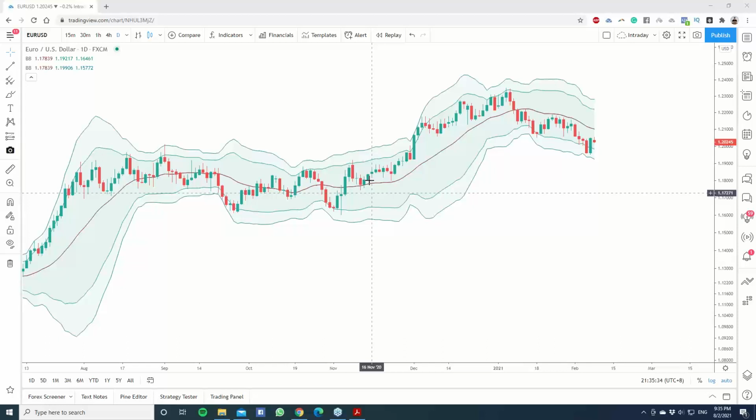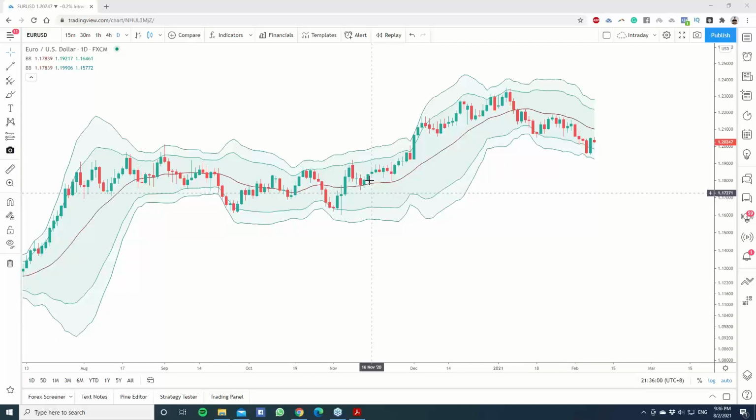Now, if you are someone who wants more activity, someone who has a little more time to look at the market and trade it, then you can afford to go down to a lower time frame. The lower the time frame, the more data you get from the chart, and naturally that means more trades.